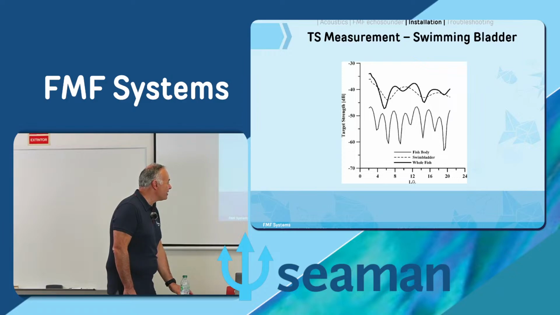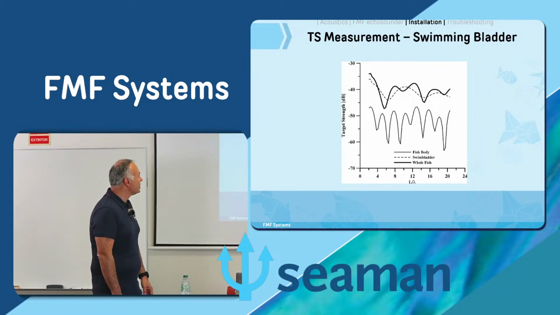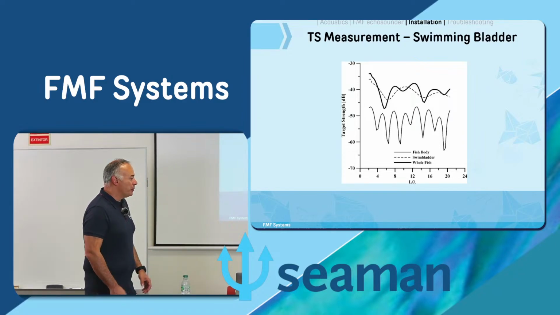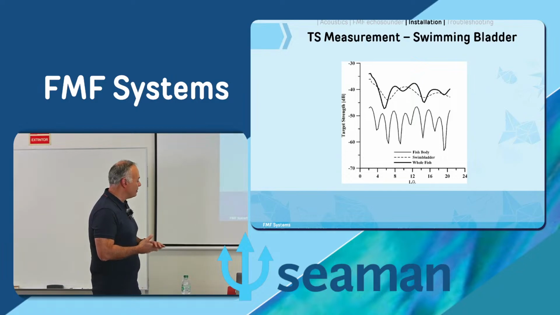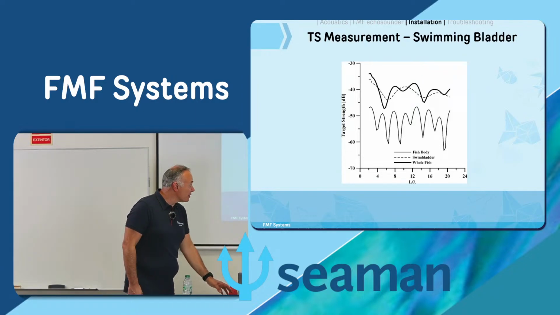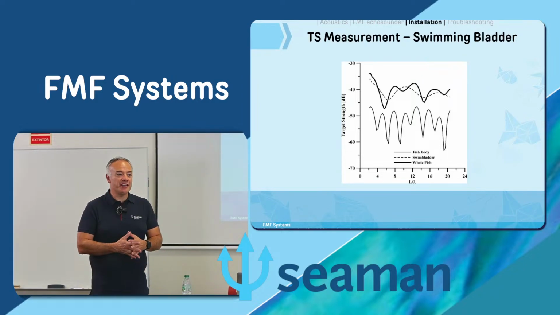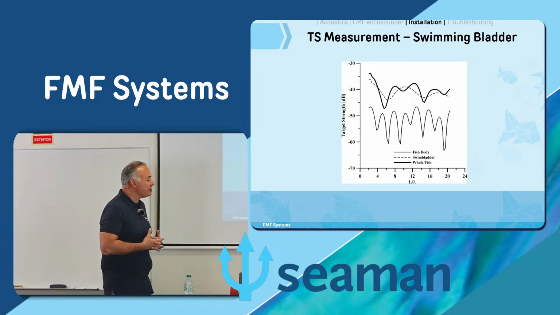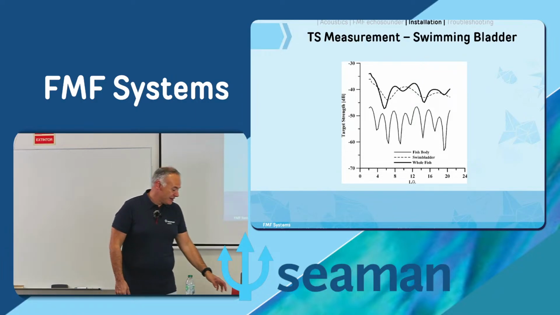And this line down here is the body. So the swimming bladder is almost all the response in sound. It's very important to understand that that particular part of the fish is what determines what we see as target strength, mostly that sac inside.